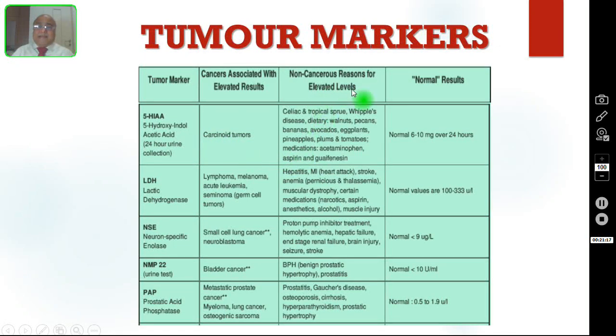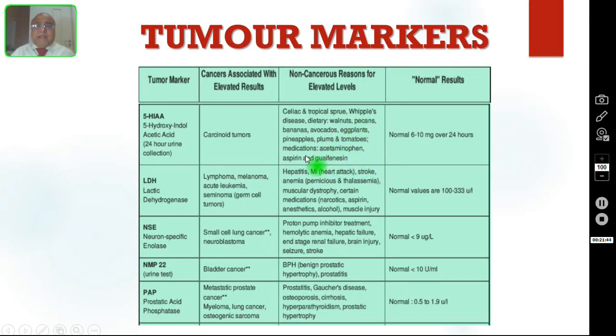Okay, non-cancerous conditions, so many are there: celiac and tropical sprue, Whipple's disease, those who are consuming walnuts, pecans, banana, avocados, eggplant, pineapple, plums and tomatoes. Medications, those who are taking acetaminophen, aspirin and guaifenesin.